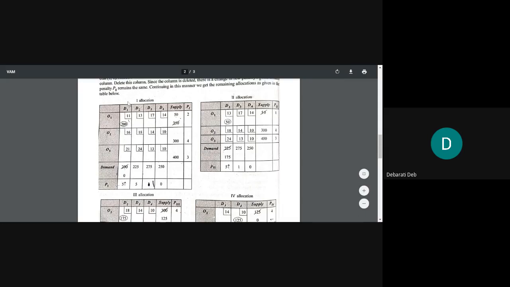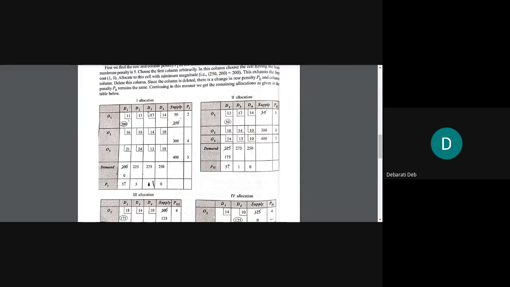Thus, corresponding to O1 under P1 in the column side I am talking, you will write 2. Why are you writing 2? Because you are subtracting the least cost from the second least cost. That means you are doing 13 minus 11.